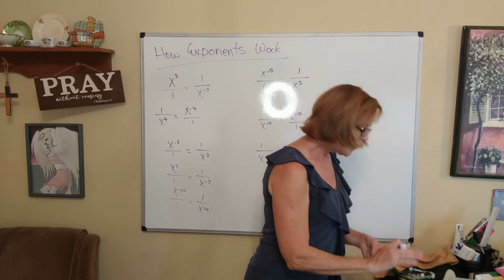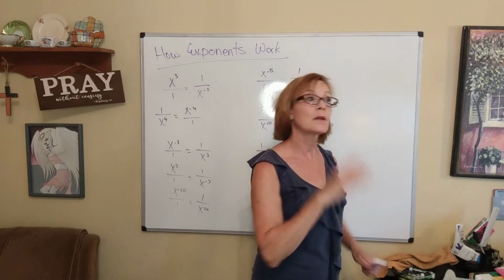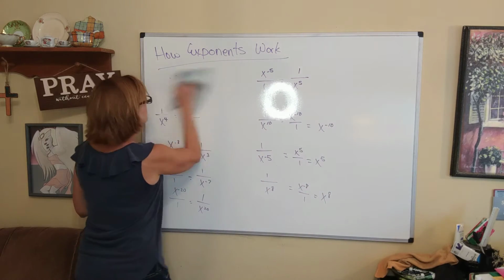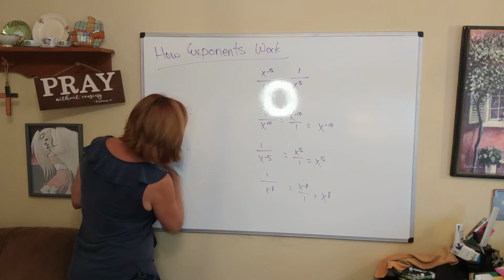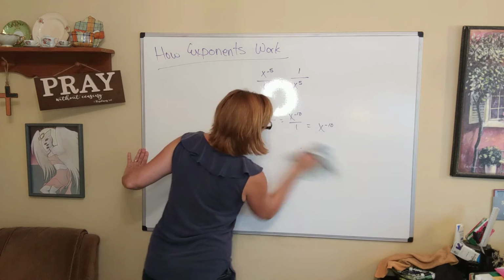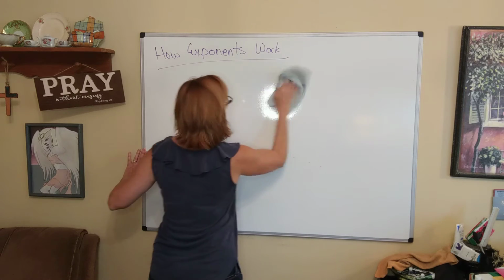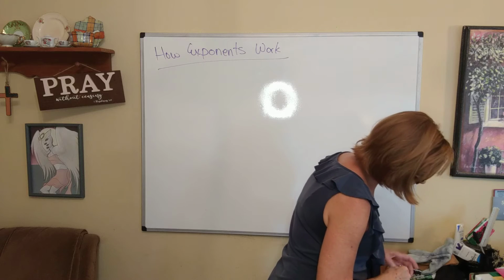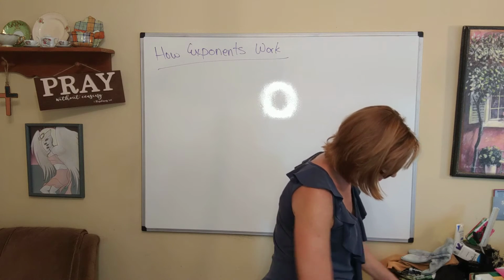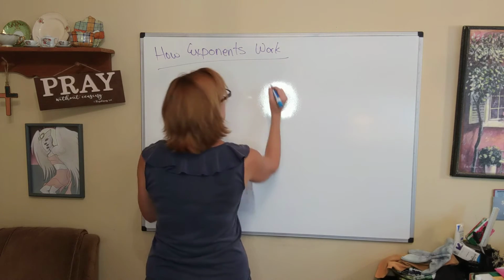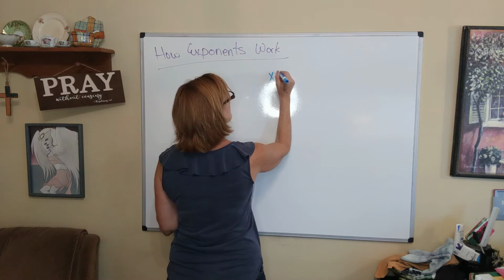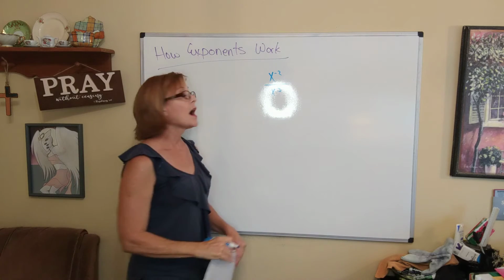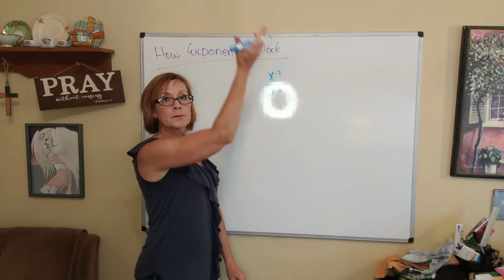Now, what if we have to combine powers, like multiply two together or divide? This is how that works. What if you've got something like x to the negative 2 over x to the 5? What would you do with that? I would move x to the 5 upstairs.